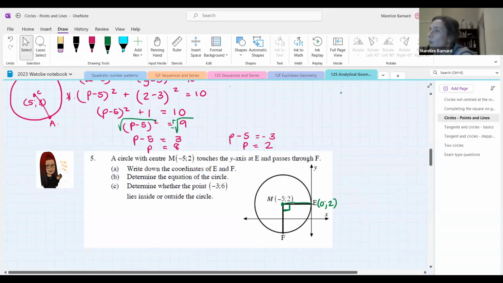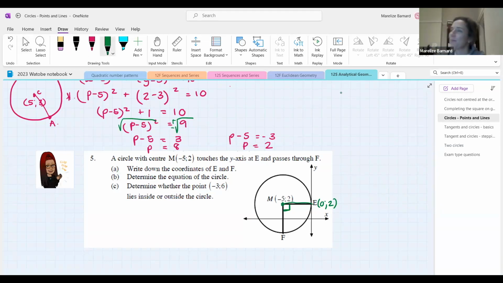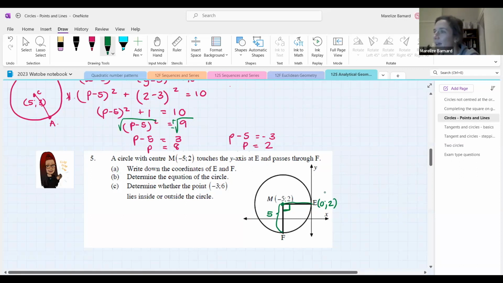Now be careful with your F, because we got caught out with this F in the other class as well. So think carefully about your F. Remember that the radius is 5. How do we know that? Because of this x coordinate here. M is -5, so the radius is 5.